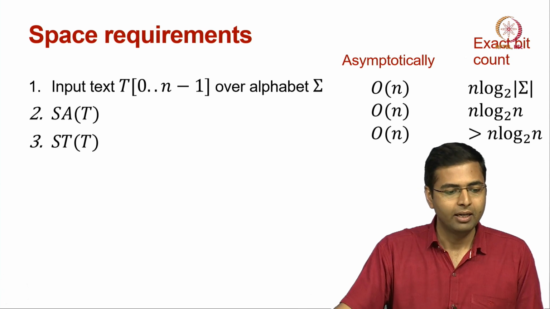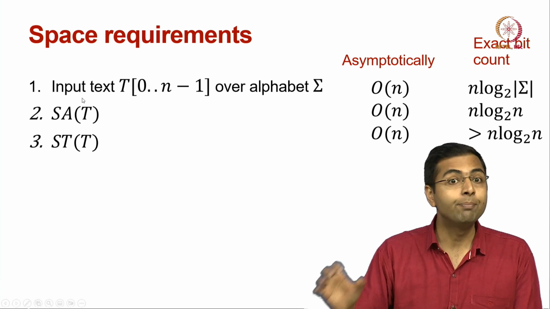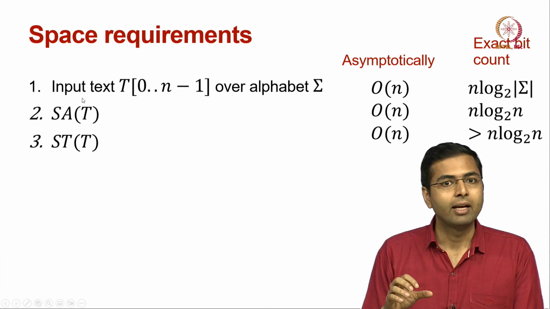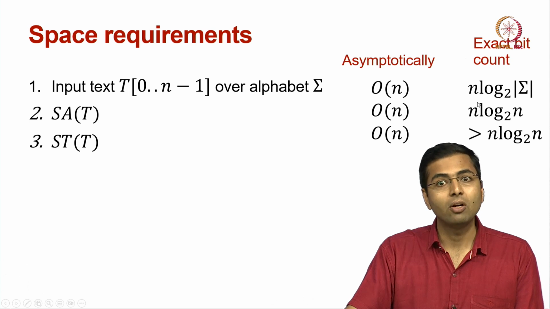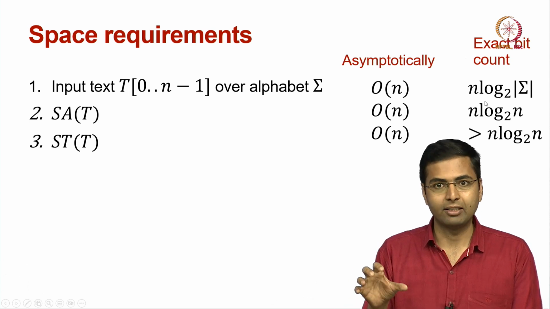If we look at the exact bit count that we would use to store these: for the input text T, because each character is over alphabet sigma, we can use n log sigma bits to store that input text.